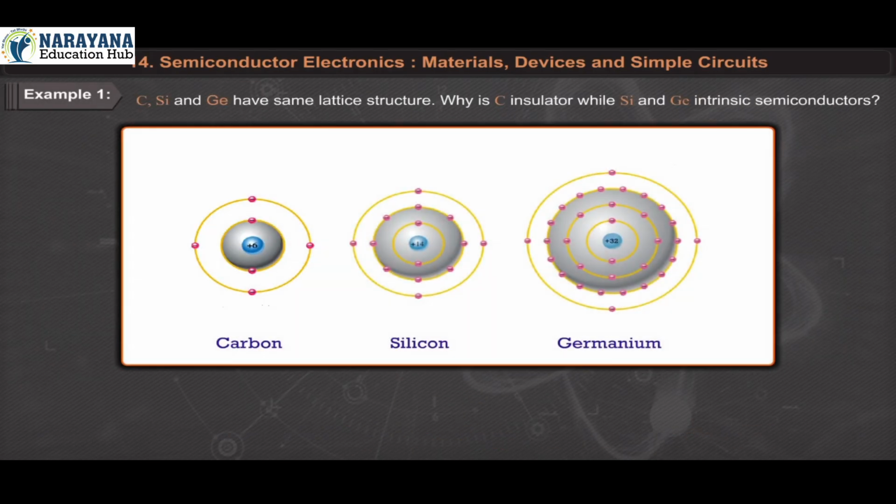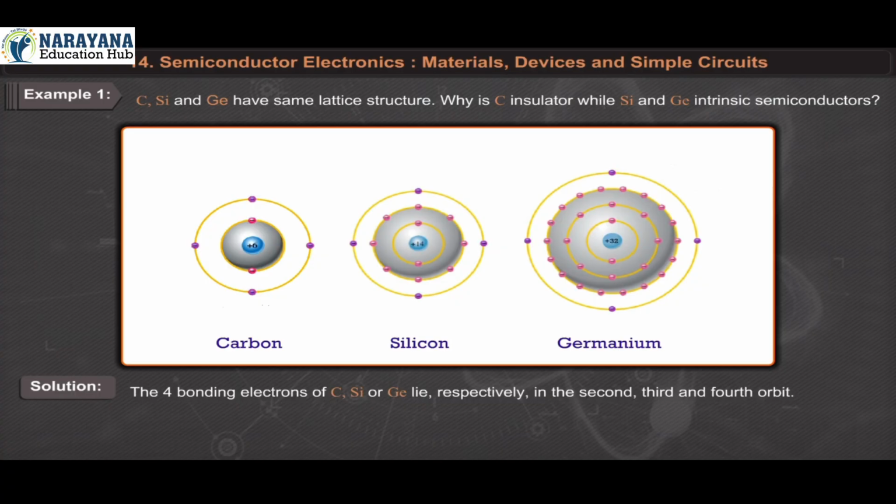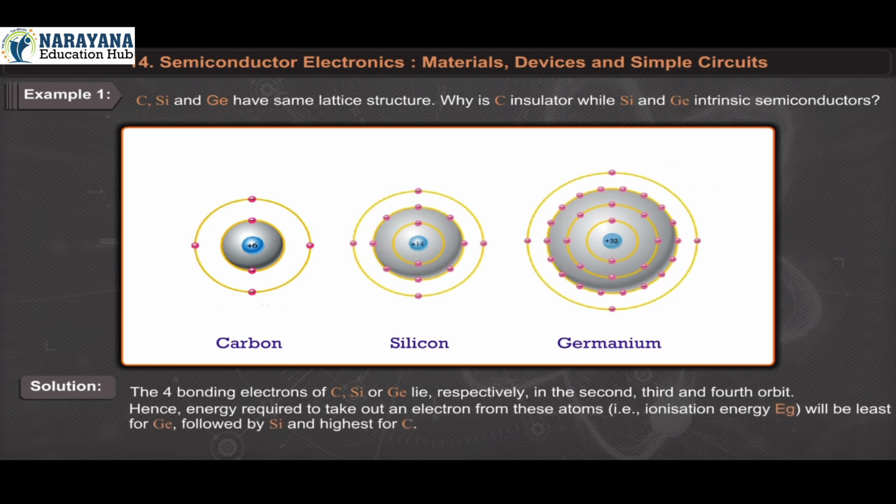Example 1. Carbon, silicon and germanium have the same lattice structure. Why is carbon an insulator while silicon and germanium are intrinsic semiconductors? Solution. The 4 bonding electrons of carbon, silicon or germanium lie respectively in the second, third and fourth orbit.